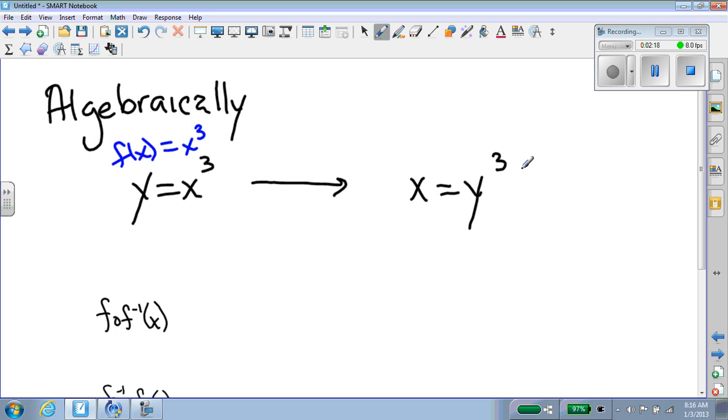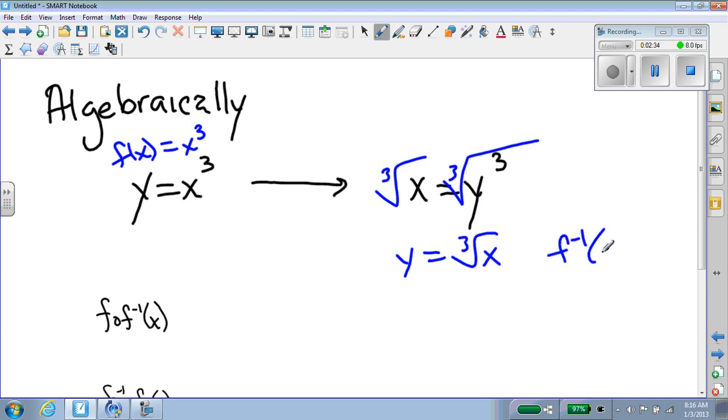That's not our usual way of writing things, so I'm going to take the cube root of both sides to show that y equals the cube root of x. That would be the inverse. So I could write that as f inverse of x is the cube root of x. So cubing and cube rooting are inverses of each other. And that should make sense because they undo each other.